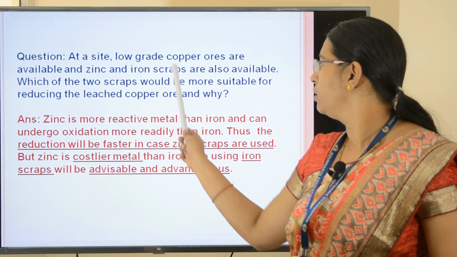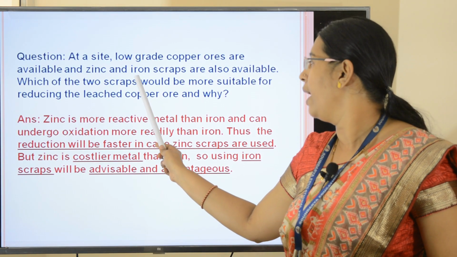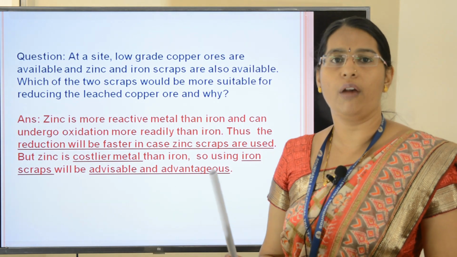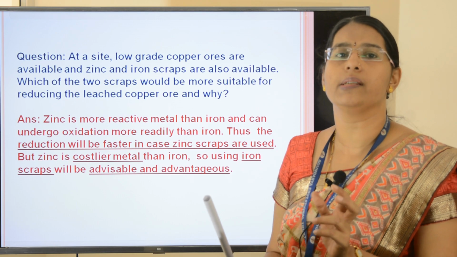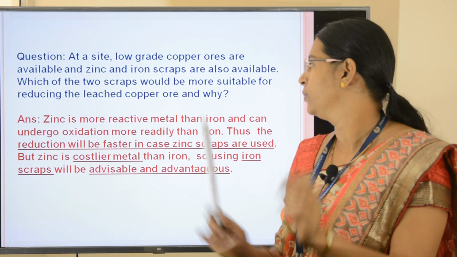So here zinc and iron can be used to reduce the copper ore. Now we have to choose among zinc and iron which is best suited for reducing the copper ion into copper.